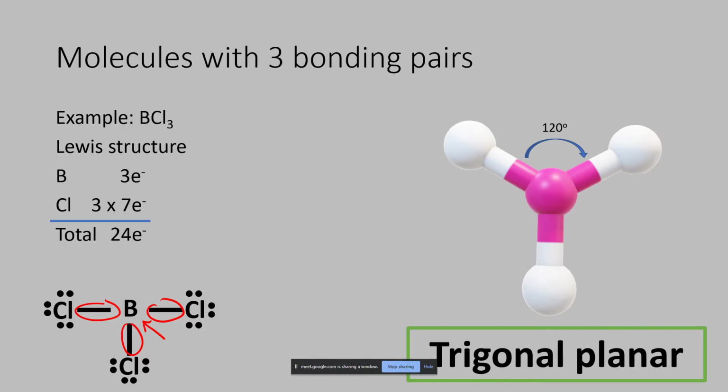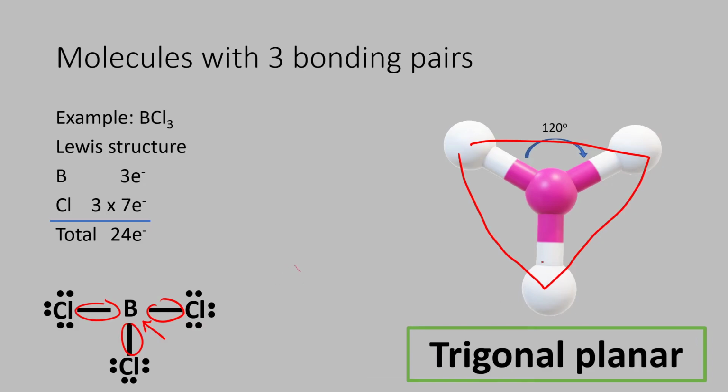Okay, trigonal planar maksudnya it is a shape of triangle, and all of the points in the triangle are in the same plane. That's why it is called trigonal planar. Okay, betul lah nama dia trigonal planar. And angle dia, kalau you tengok bulatan, you bahagi dengan 3, the angle is 120 lah, 120 degrees.